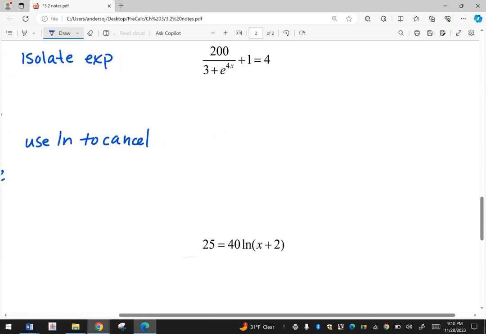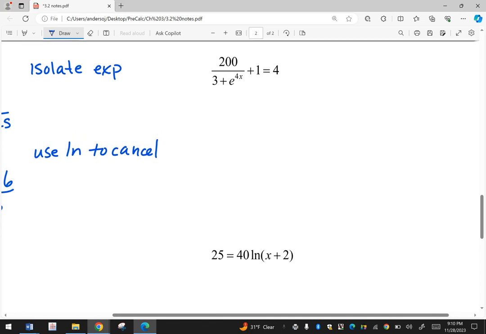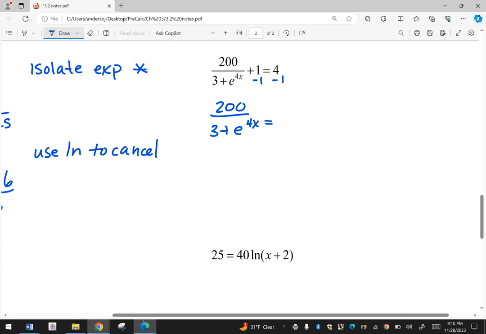Let's try that with one problem that's a little step up from that. So again, we're going to isolate that exponential. We're going to try to get this exponential on the side by itself. It's going to take a little work to get there. The first thing I'm going to do here is subtract that 1.